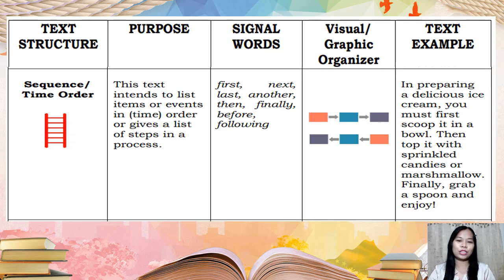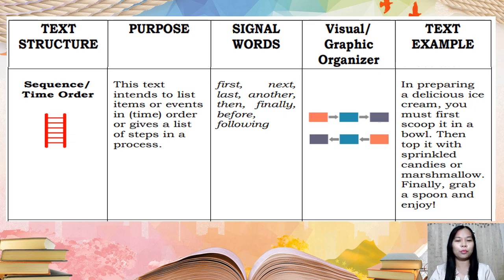The second text structure is sequence or time order. Now, what is its purpose? Why do we have this text structure? This text intends to list items or events in time order or gives a list of steps in a process.